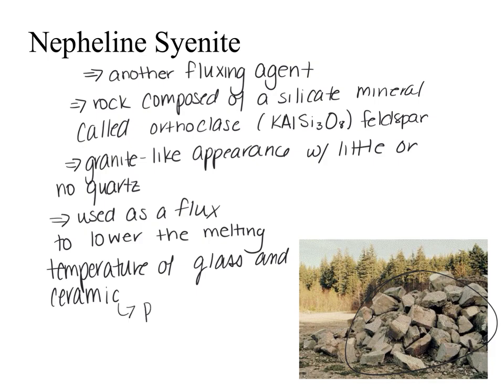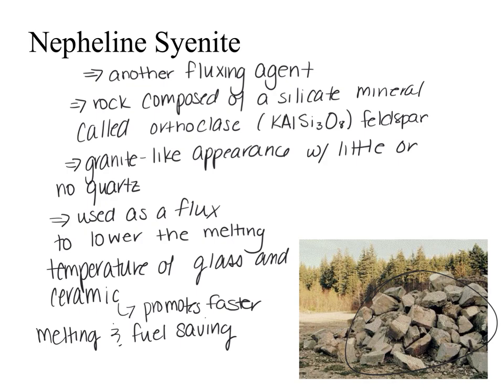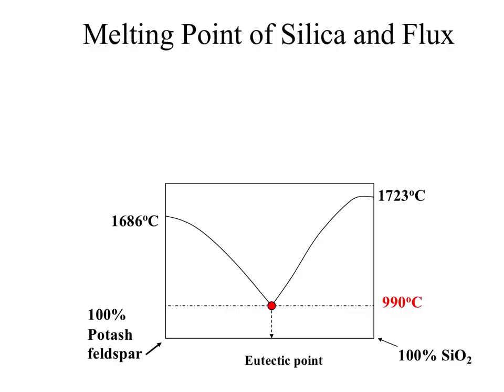And so what that does is it promotes faster melting, right? And therefore fuel savings, right? So you don't have to use as much fuel to get it to melt, and it melts faster. So fuel costs money, and so this particular flux saves you both time and money if you're using it with your glass. So what do I mean by it lowers the melting point?